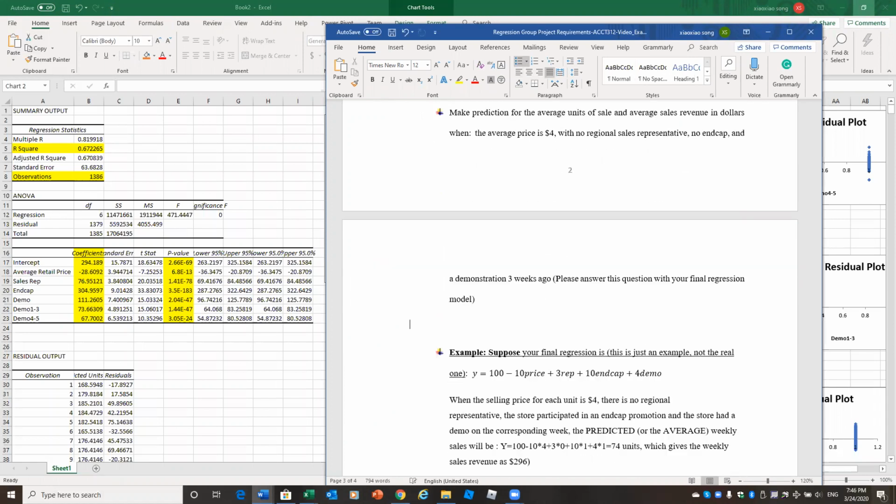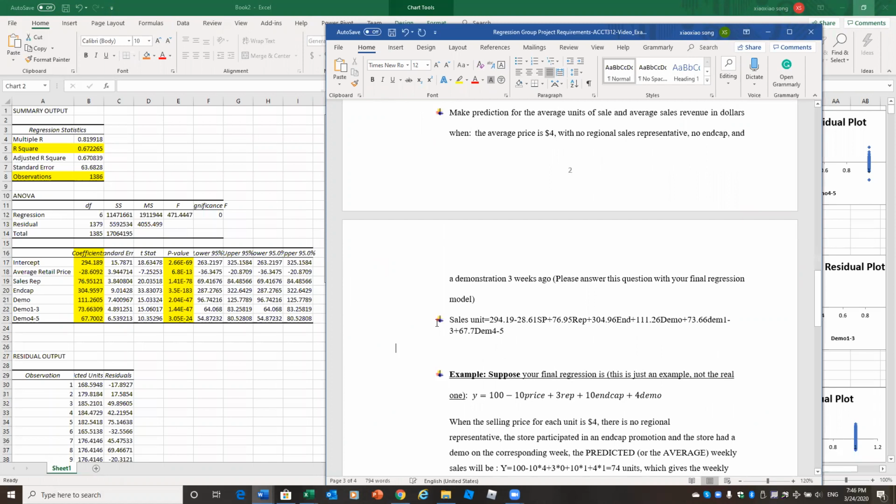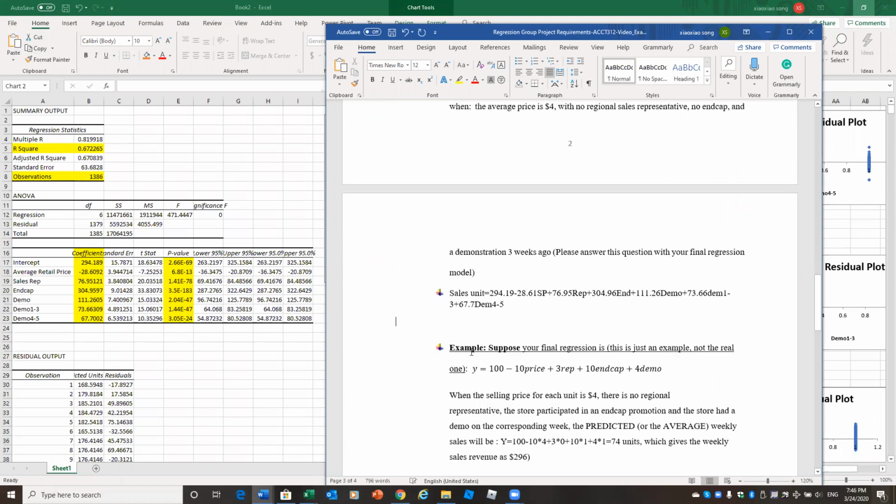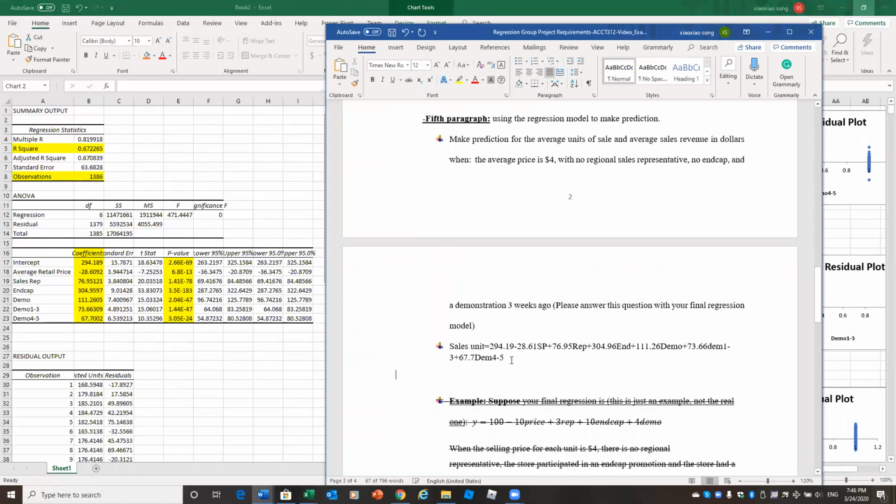Since we are already doing the real one, you don't really need to look at the example because it's kind of different and I don't want to confuse you. So our real number is here. Sales units is the coefficient, this is the intercept. What's the meaning of the intercept?